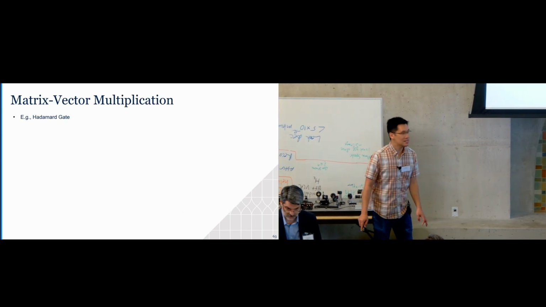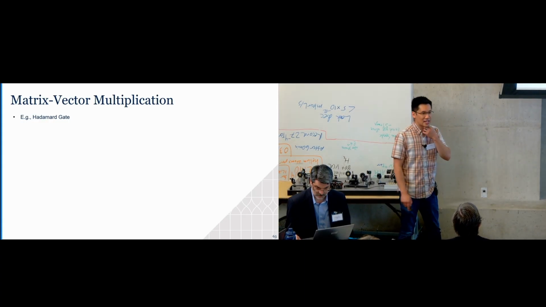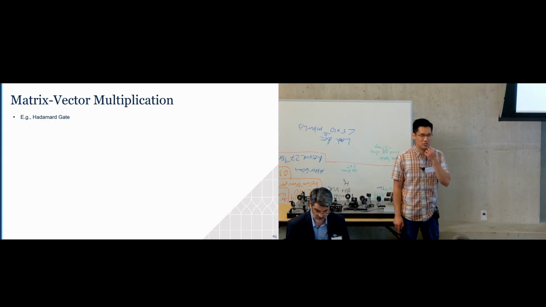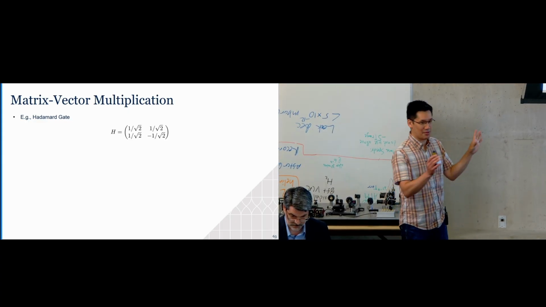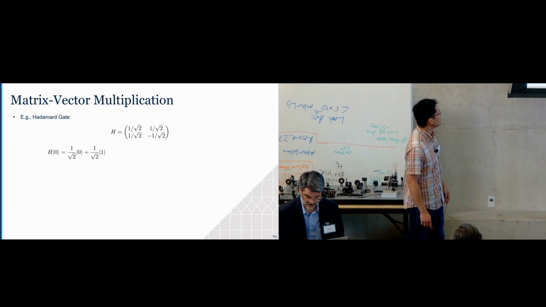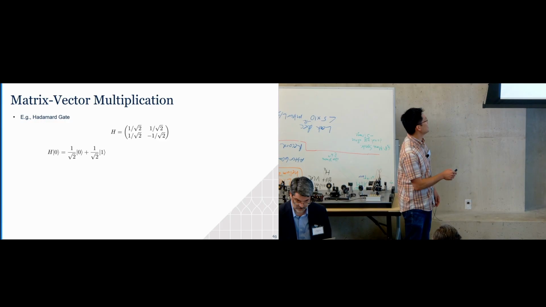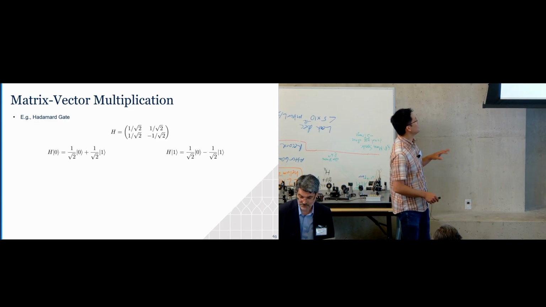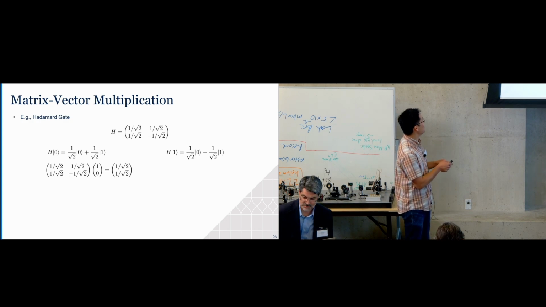All right. So from what we have so far, we can then introduce students to matrix vector multiplication. So we have the Hadamard gate, which is this matrix. It's just a table of numbers. And we know that when the Hadamard gate acts on 0, we get this plus state, and when it acts on 1, we get this minus state. So let's go ahead and plug in the matrix and the vectors for each of these. So H is going to be this matrix.